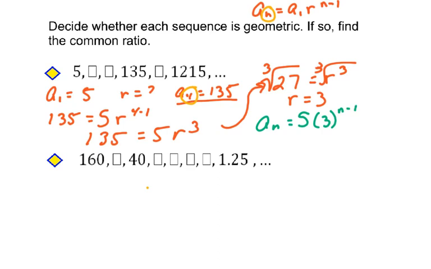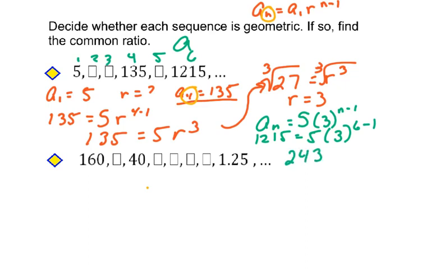So let's try this with the other point we have, 1, 2, 3, 4, 5, 6. So this is our a sub 6 value. So 1,215 equals 5 times 3 to the 6 minus 1 power. 1,215 divided by 5 is 243, which equals 3 now to the 5th power.